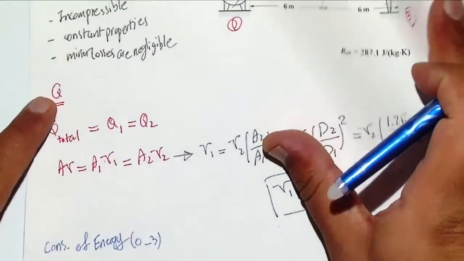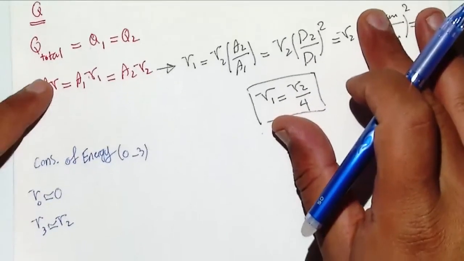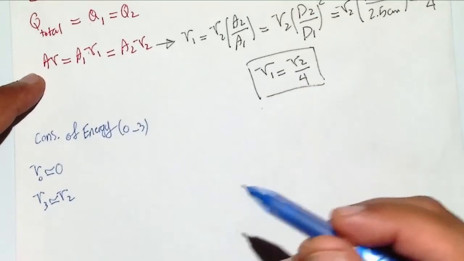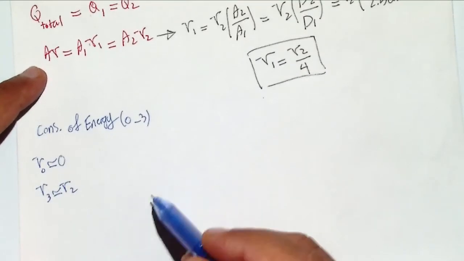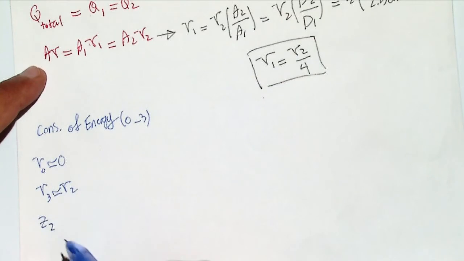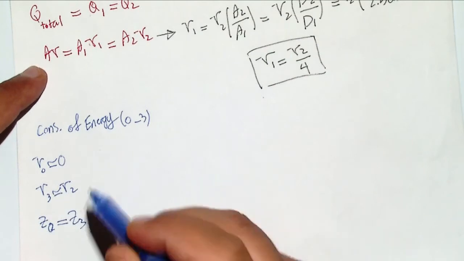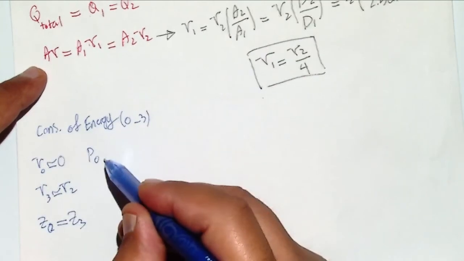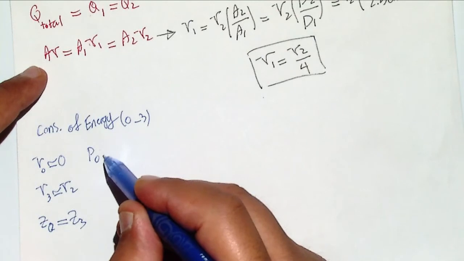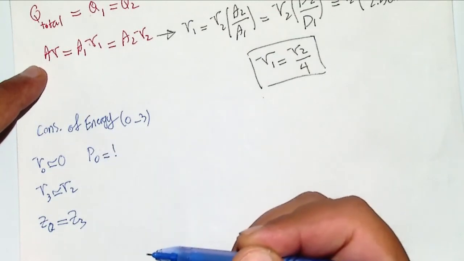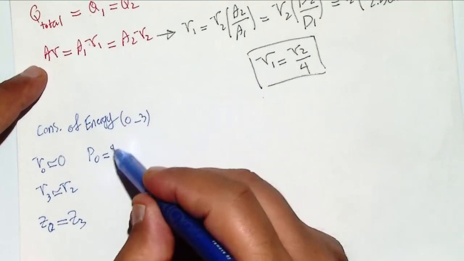And absolutely, because you assume that the losses at the output and entrance of the pipe are 0. So V3 is almost V2, and also since it's a horizontal pipe, you can assume that Z0 and Z3 are similar. Okay, what else is given? So P0 is given. We will calculate that. Okay, so for now just know that it's given.